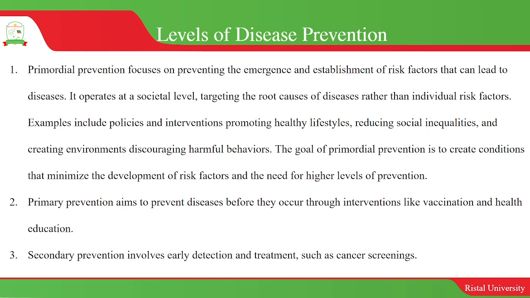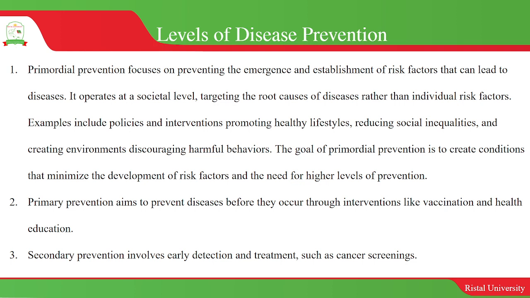Risk factors are the ones that increase the chances of you getting a particular disease, but we don't want these factors to be there. So if you make sure that these factors are not there, then you're preventing diseases. So that is primordial prevention.